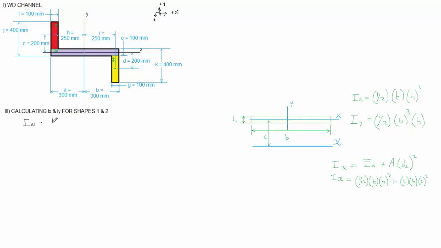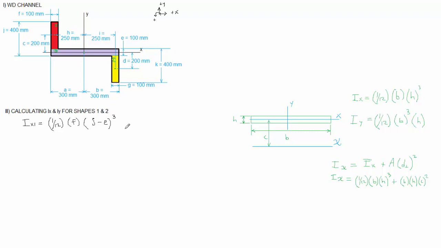The moment of inertia for shape 1 would be Ix1, and that equals 1/12. The area for shape 1 is f, which is the width, times the height. The height is j minus e. And since we're looking around the x-axis, the axis for the shape, if it was in the center, would pass right through the center. So that goes through the height, which means the height is going to get cubed.